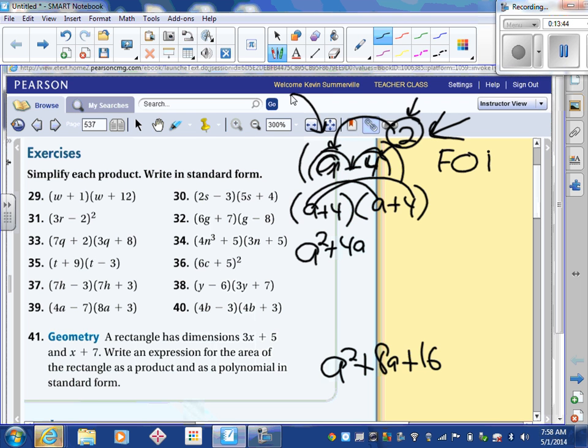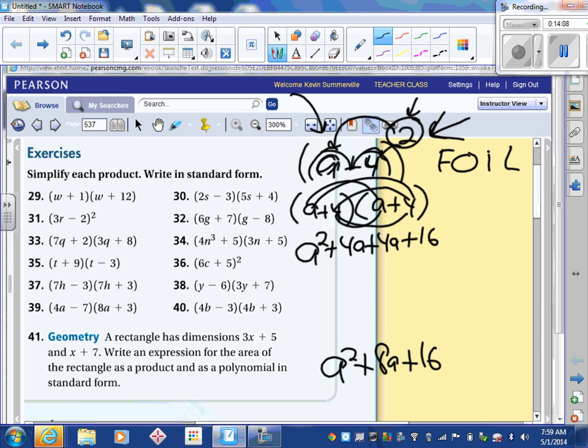The inner, 4 times A. And then we have the last. 4 times 4 is 16.